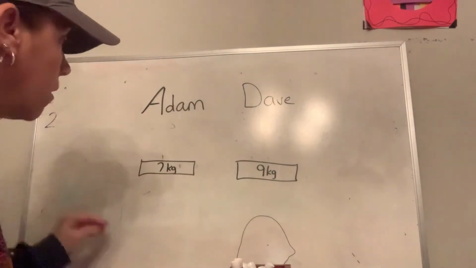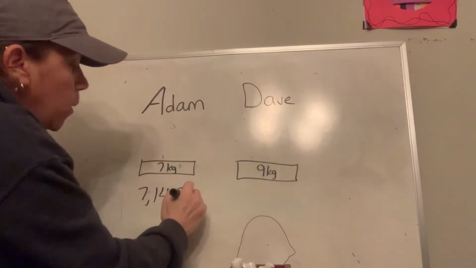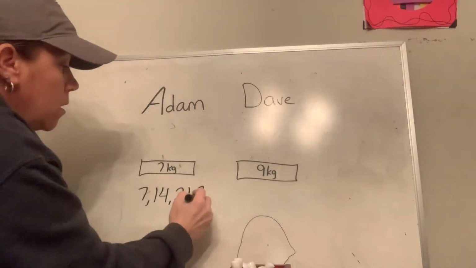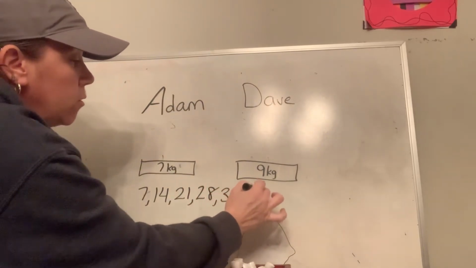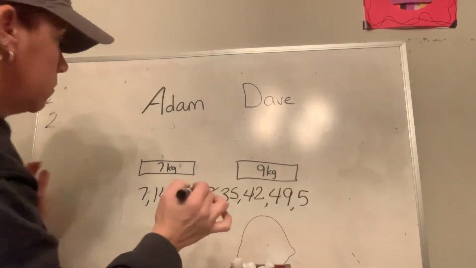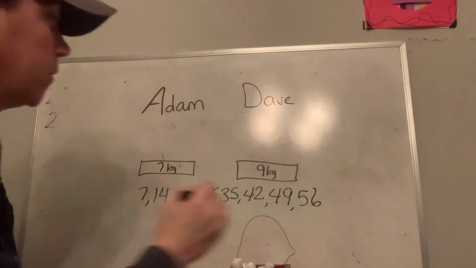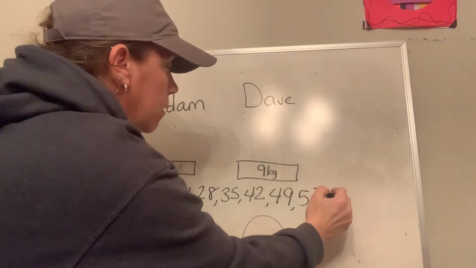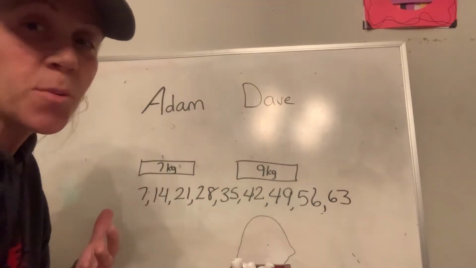So we're going to make our list. 7, 14, 21, can you see those? 28, 35, 42, 49, 56, right? 56, and then 63. And I know my multiples of 9.